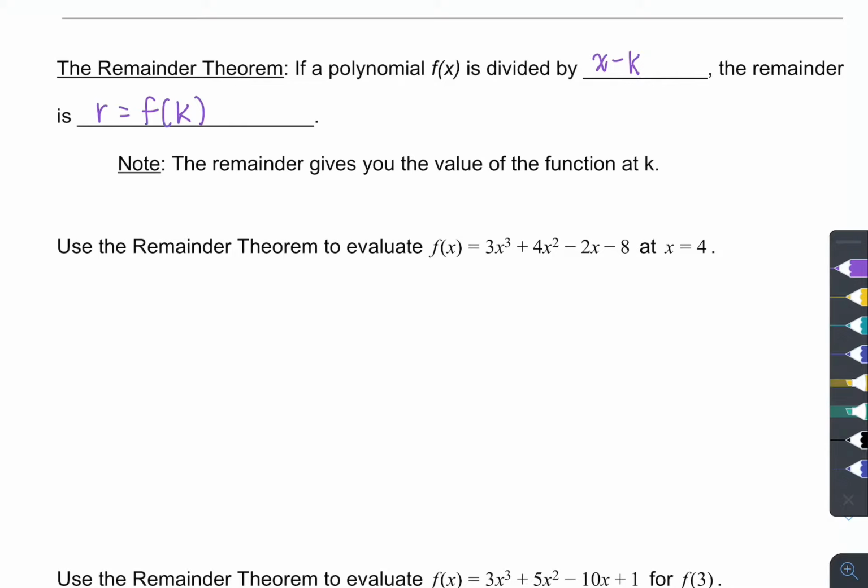So we're going to plug in 4 for our divisor here, and then right out here we have 3, 4, -2, and -8. So basically what it's saying is if 4 is a factor, then this remainder is going to be equal to f of 4.